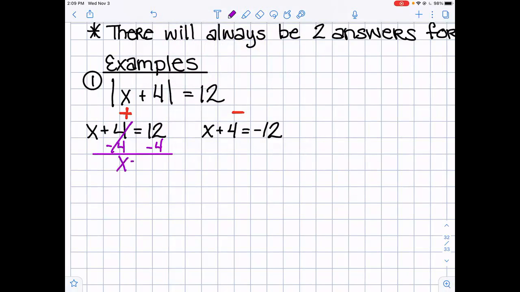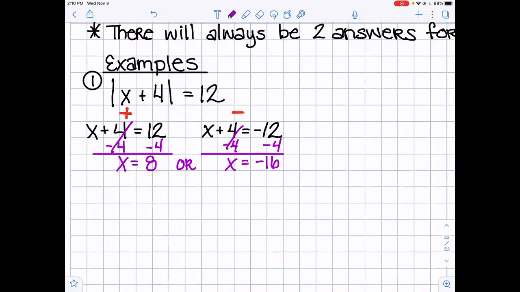And x equals 8. Then if I solve this other one, I have to subtract 4. X equals, what's negative 12 minus 4? Negative 16. So x equals 8 or x equals negative 16.